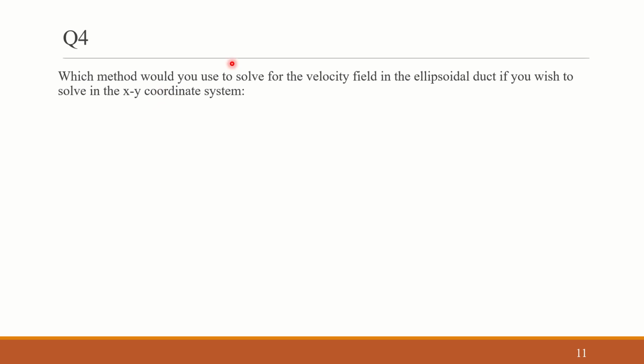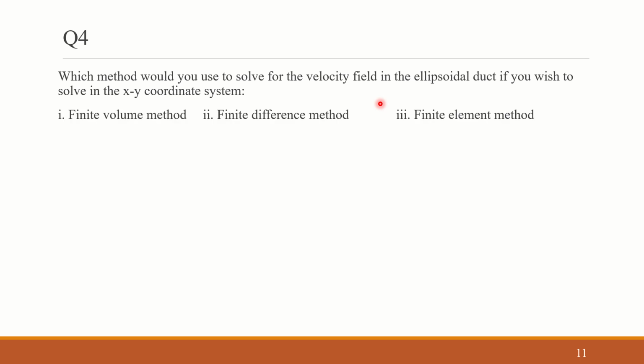And coming back to question 4, which method would you use to solve for the velocity field in the ellipsoidal duct if you wish to solve in the xy coordinate system? The options are: 1, finite volume approach; 2, finite difference method; and 3, finite element method.